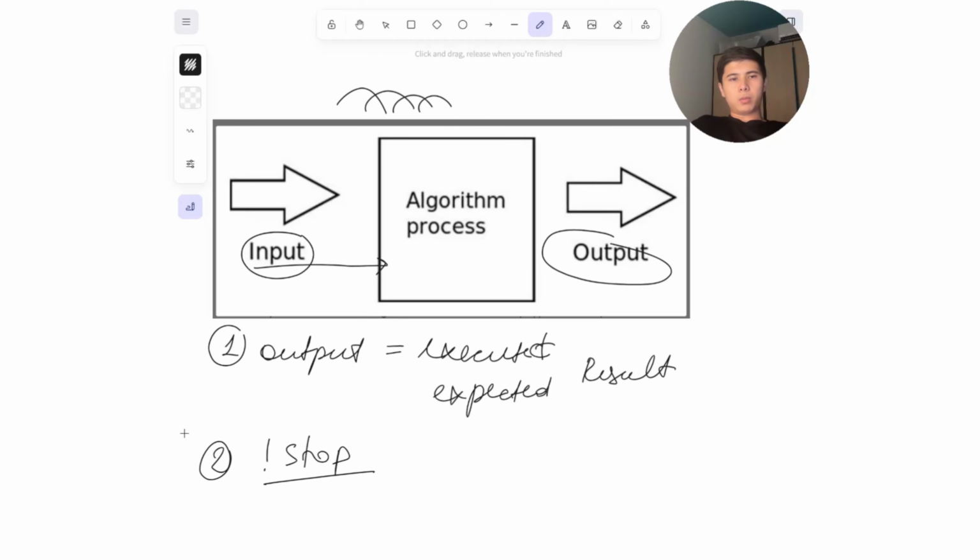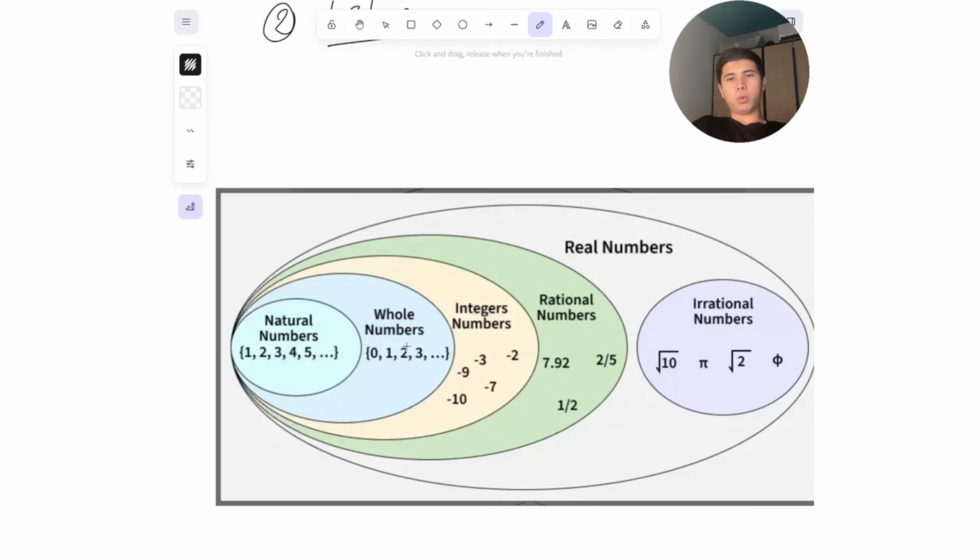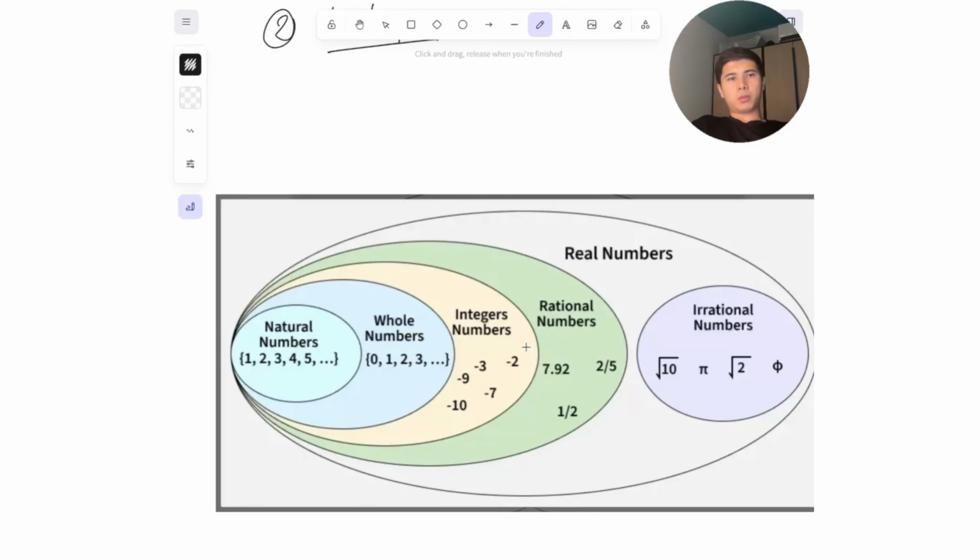At the same time, we know there are different types of numbers as well, such as digits, natural numbers, real numbers, whole numbers, integer numbers, and so on. The data type we choose depends on the problem that we are solving.